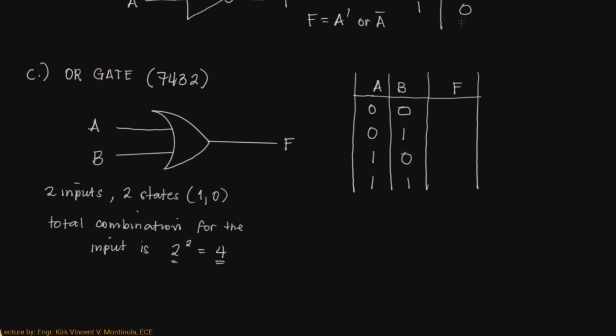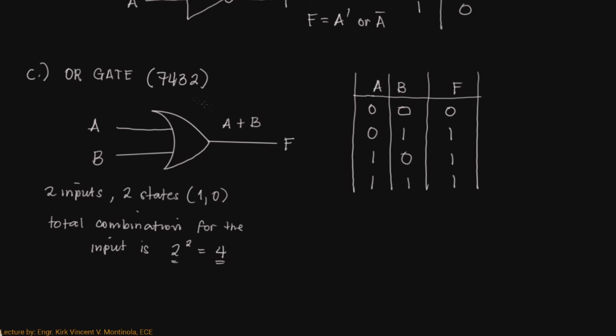The algebraic expression for the OR gate is equivalent to the mathematical A plus B. So 0 plus 0 is 0, 0 plus 1 is 1, 1 plus 0 is still 1, and 1 plus 1 is 1.